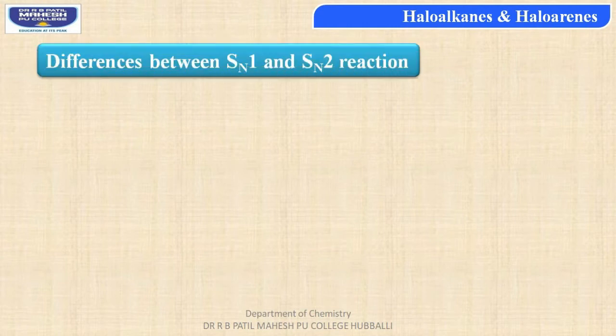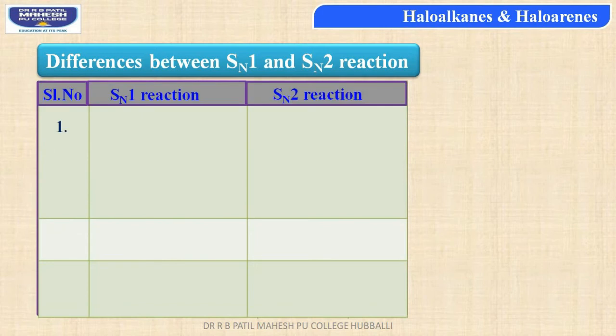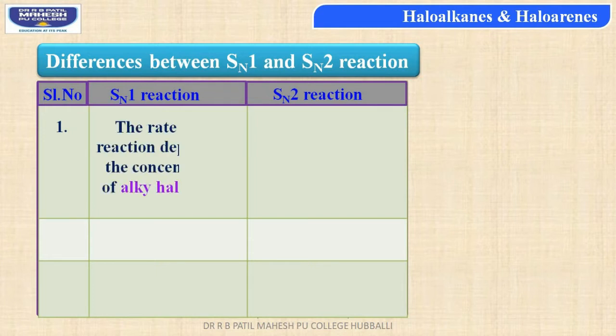Now students, let us understand what is the difference between SN1 and SN2 reaction. The first point, in SN1 reaction, students, the rate of the reaction depends on the concentration of alkyl halide only.